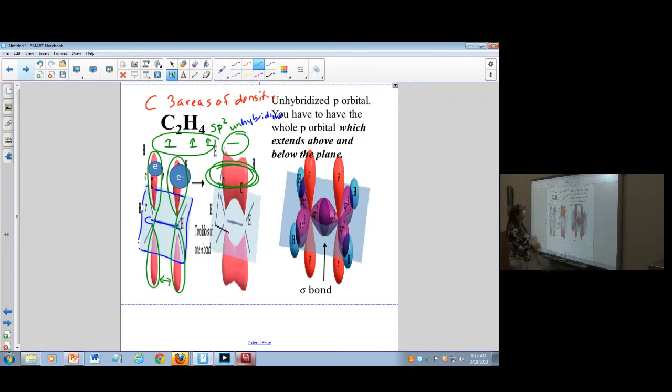They overlap together, they come closer together, and then each one of these has a set of electrons in them, okay? Notice that this p orbital, or this pi bonding, is above and below the plane. There's some up here and some down here, okay?